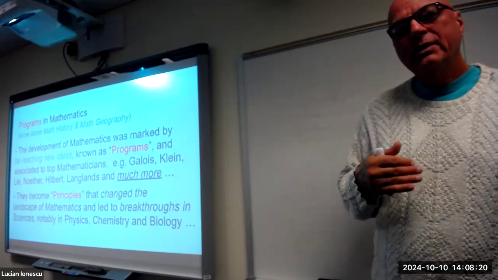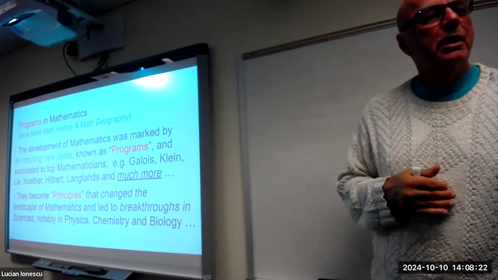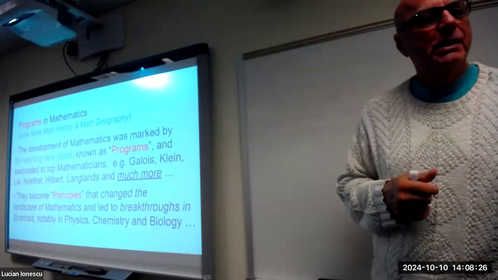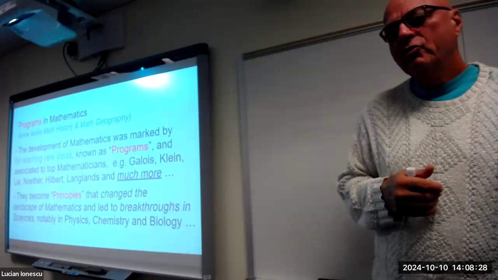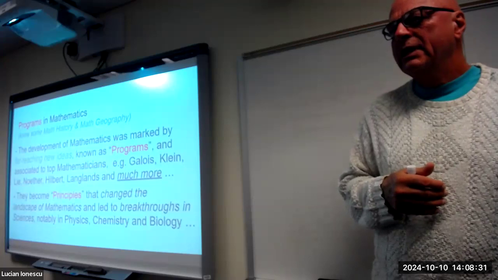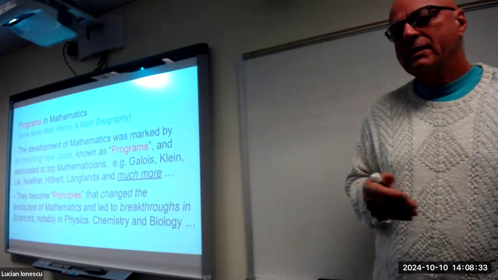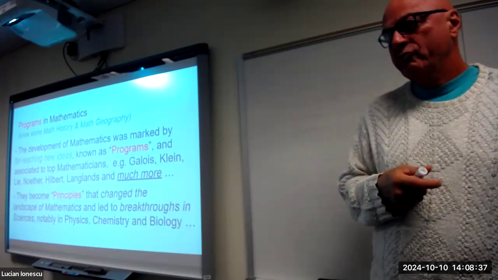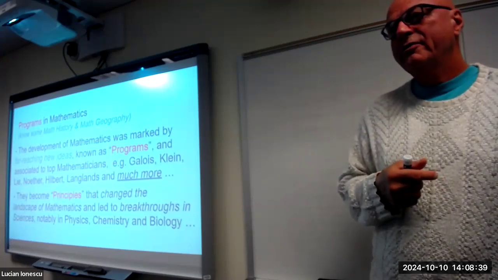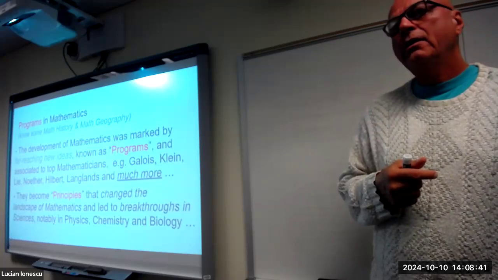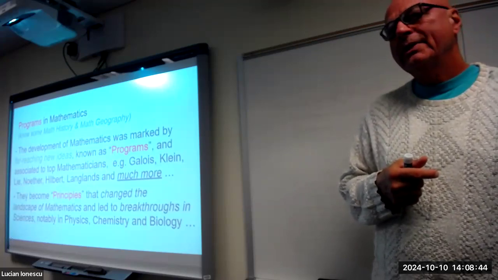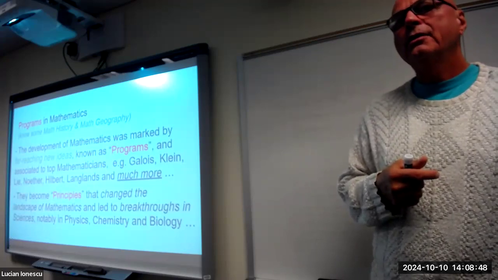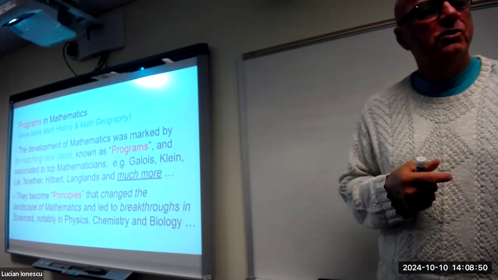These programs and presentations became like principles that changed the landscape of mathematics and led to advancements in many other areas, sciences. For example, the role of symmetries and groups of transformations is crucial, for instance, in physics, to classify elementary particles, in chemistry, to understand molecules, and biology, and so on.